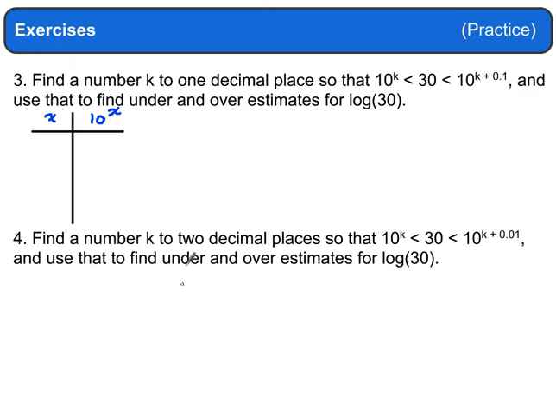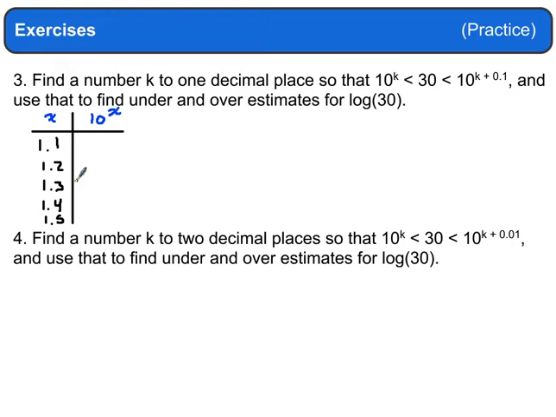Remember we started off with 10 to the first power, so maybe we'll try 1.1, 1.2, 1.3, 1.4, and maybe 1.5. Our goal is to see how close we can get to 30 without actually going over 30.